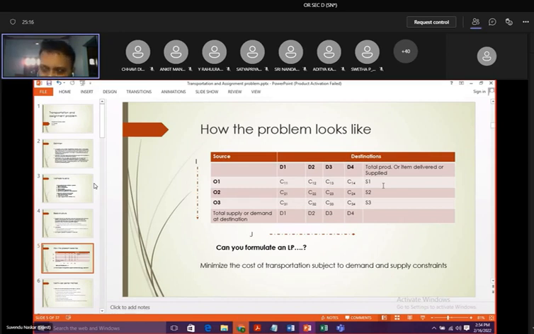Can someone give me what is going to be the equation form of this problem statement? Think it through.